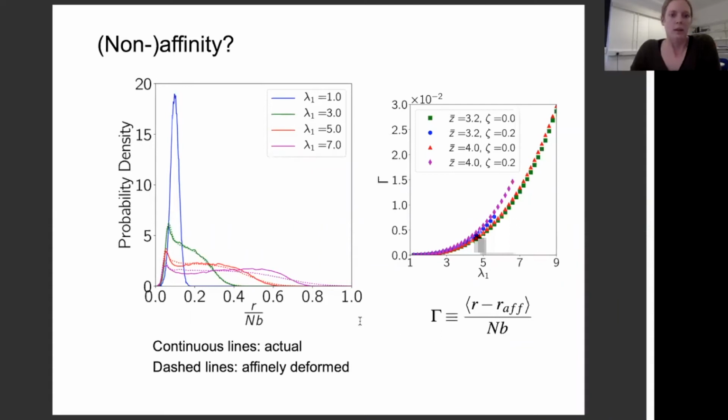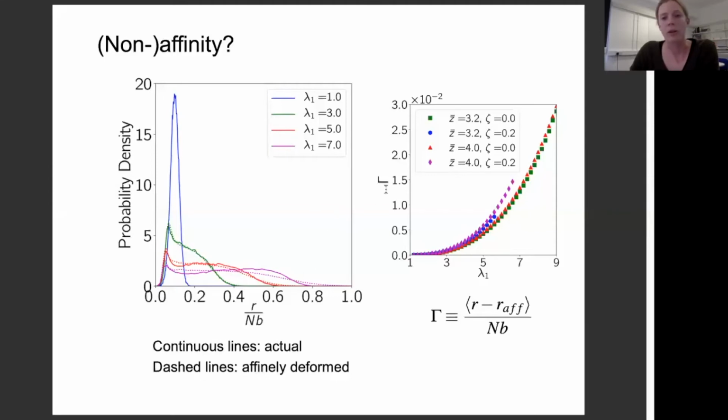So what we did here is compare the chain length distribution during deformation, comparing the actual distributions when we solve the equilibrium equations to the distribution we would get if we just apply the affine stretch to all the chains, and see how that differs from the actual calculation. And the answer is that it doesn't change too much, which just means that roughly all the chains continue to deform roughly affinely up to large stretches.